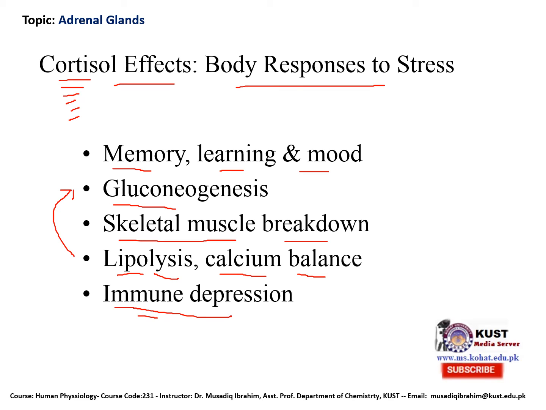So when there is a hypersensitivity reaction taking place as a result of autoimmune response, that autoimmune response is being taken down, or compromised, with the help of cortisol. And that is why in case of autoimmune diseases, the synthetic form of cortisol is also given to the patients so that the immune response can be decreased.